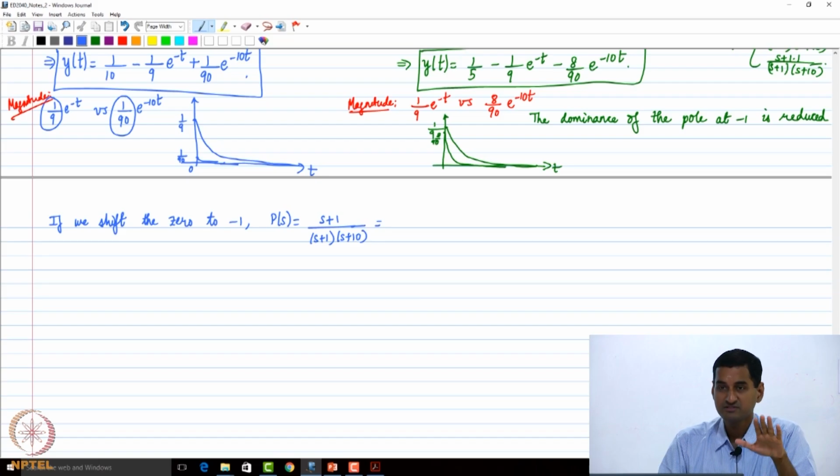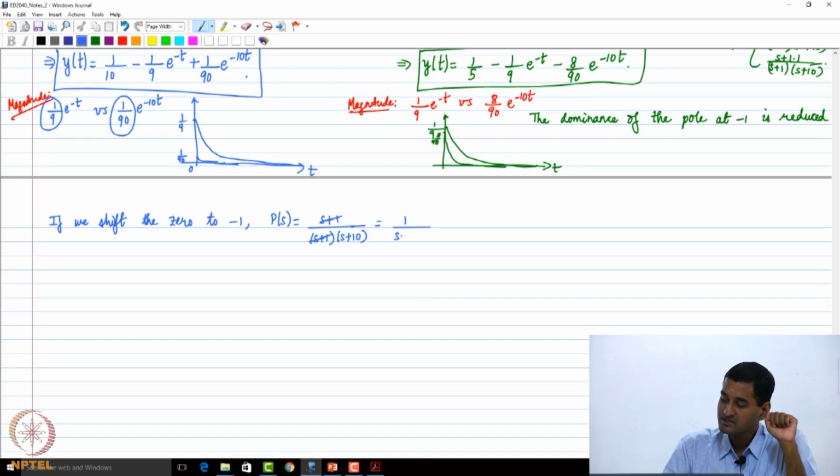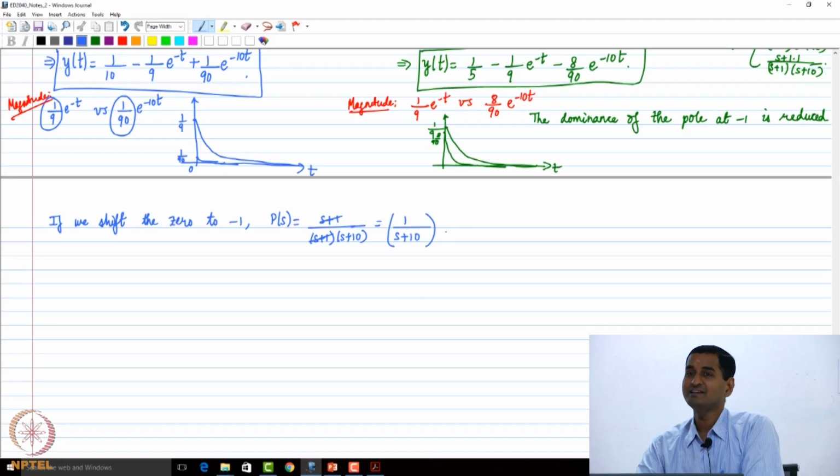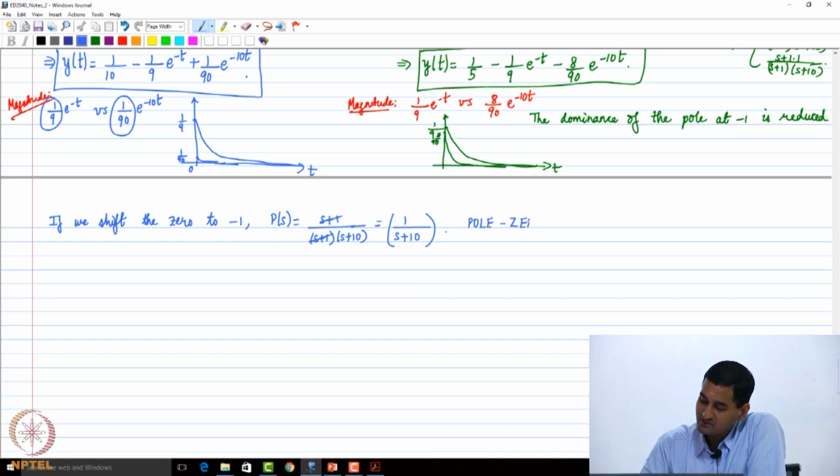Suppose I shift the 0 to minus 1. What's going to happen? The 0 is going to cancel the effect of the pole completely. So what was a second order system to begin with would start acting like a first order system. So this effect is what is called a pole 0 cancellation.